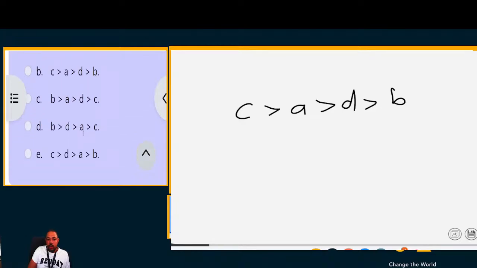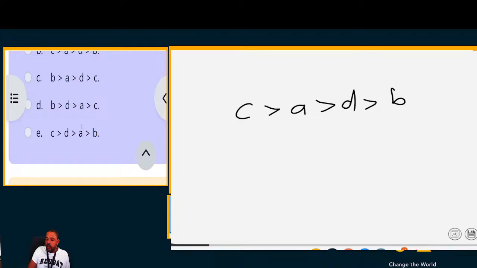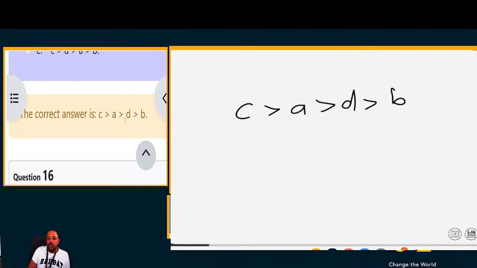Yes. Oh, sorry. Did I pick the wrong one? CADB. Which one did I pick? Oh, I did not need to read. It's CADB. The correct answer is CADB. The one I wrote here, not the one I picked there.